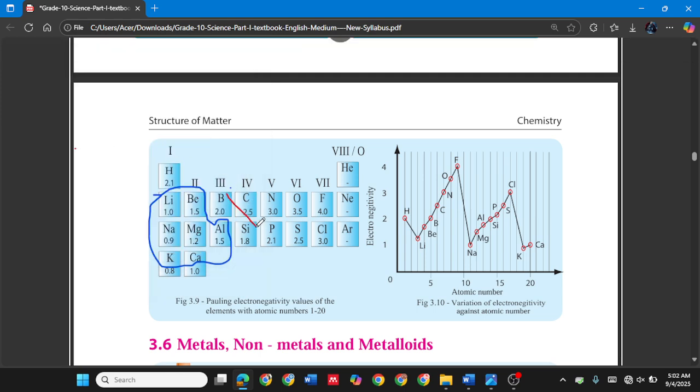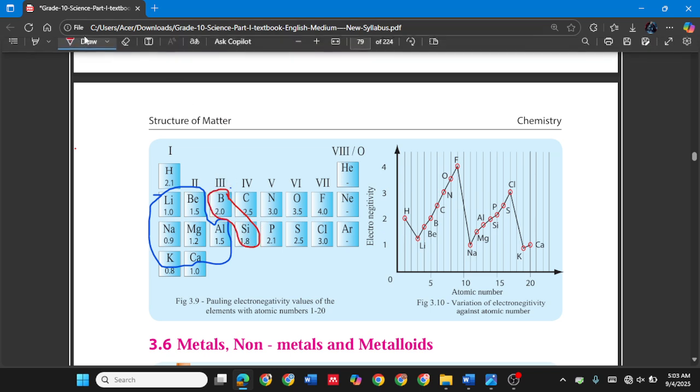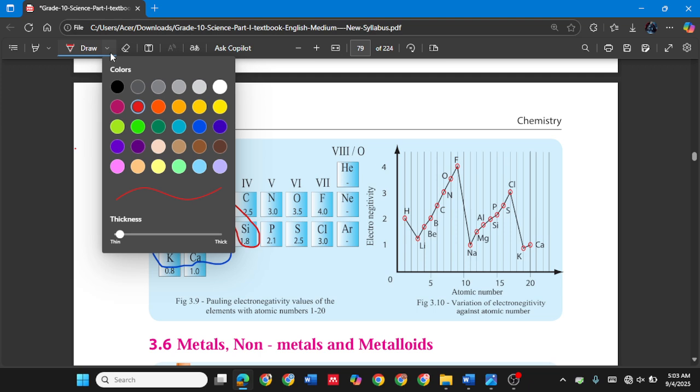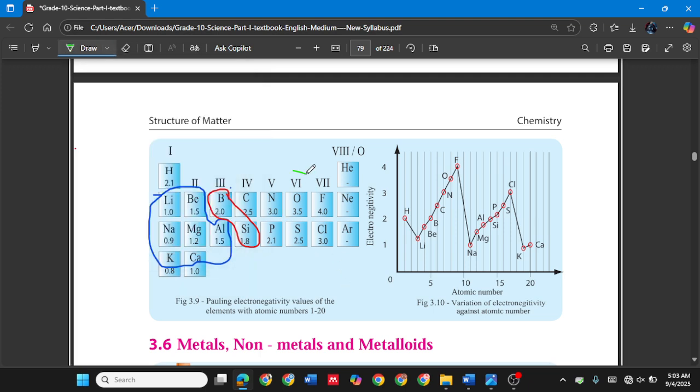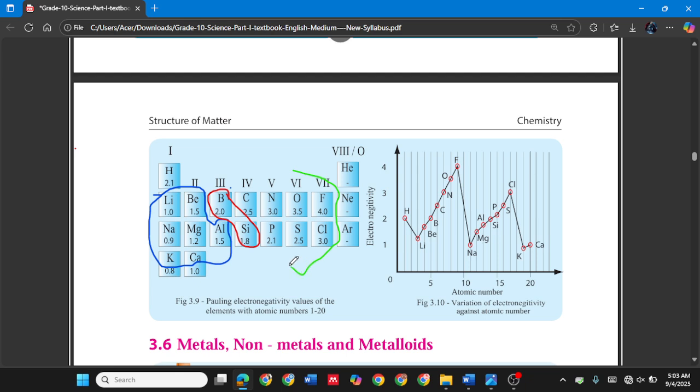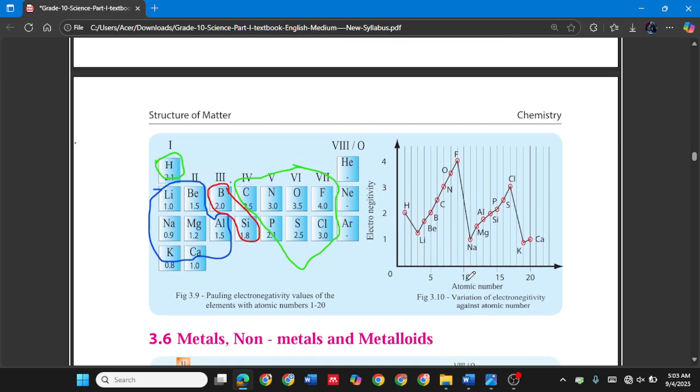So these two are the metalloids, and we have non-metals. These are non-metals including this hydrogen. Okay, this is something which you already know.